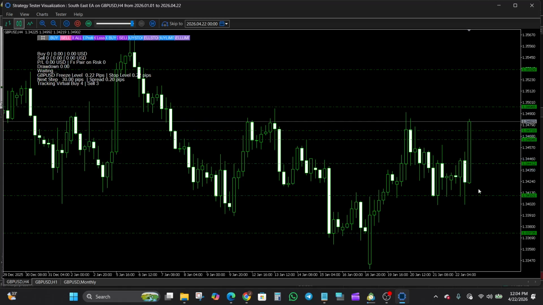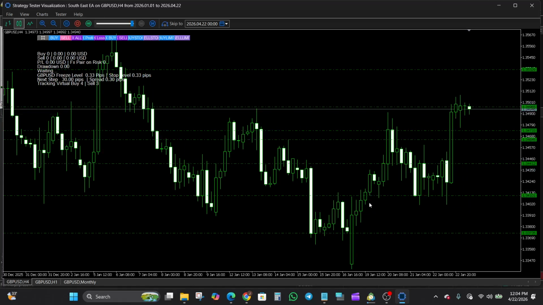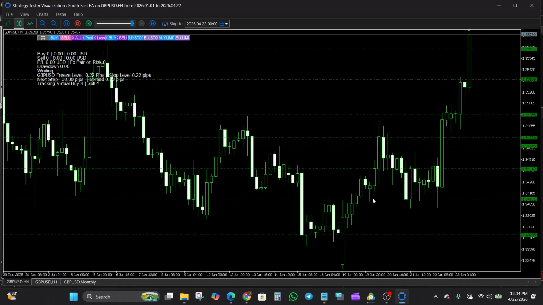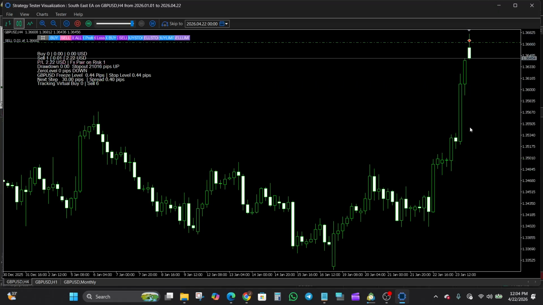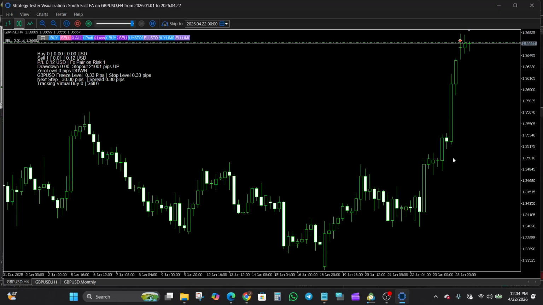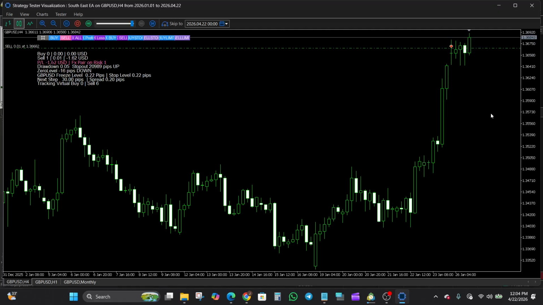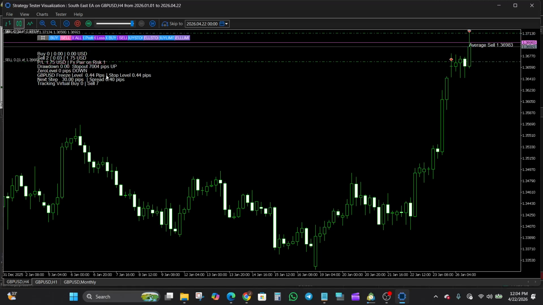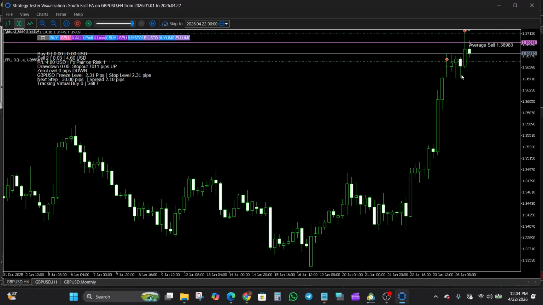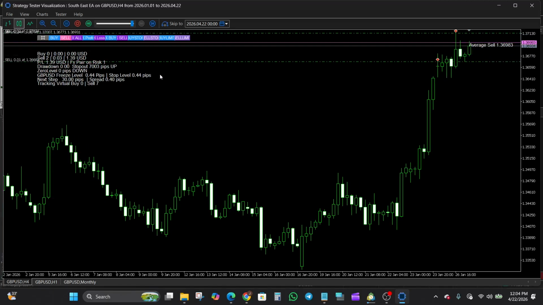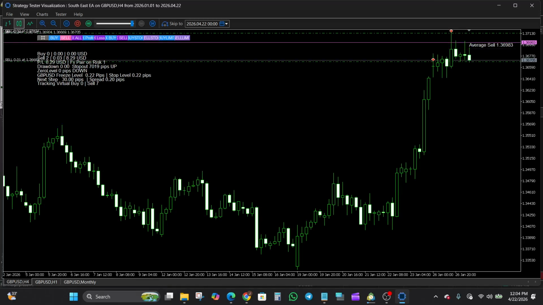So we can see that drawdown had already started to build, but at the same time, positions were being managed, not blindly increased. You can see here now we are having sell positions being executed, right?